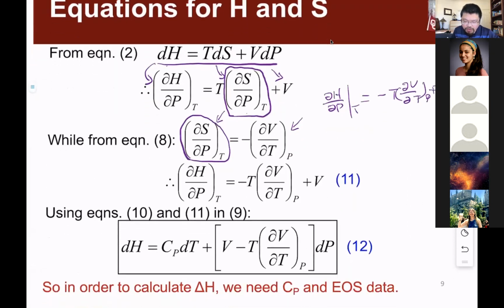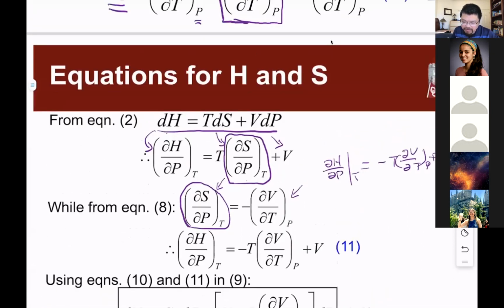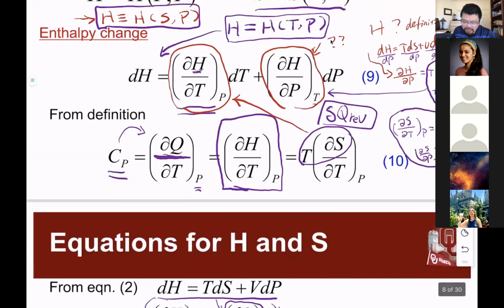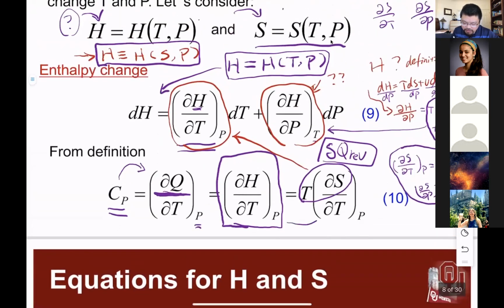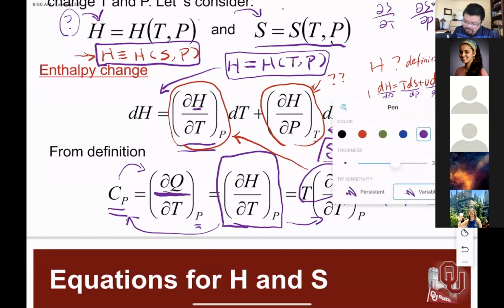The other term, okay, the other term, yes, we have a better candidate. We could use this term to replace dH over dT. We could use a much easier term. Just go ahead and use Cp.